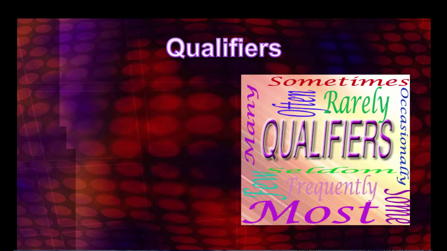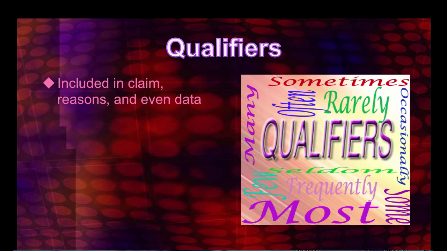Now, there are several other aspects of Toulmin reasoning, but they get kind of complicated, and there's something that you might study as you go on in school. You may well study it even in 102. But the only other Toulmin term that we're going to discuss is qualifiers. Qualifiers are words that are included in the claim, reasons, and even the data. Okay? And they're words such as those that we see in the graphic.